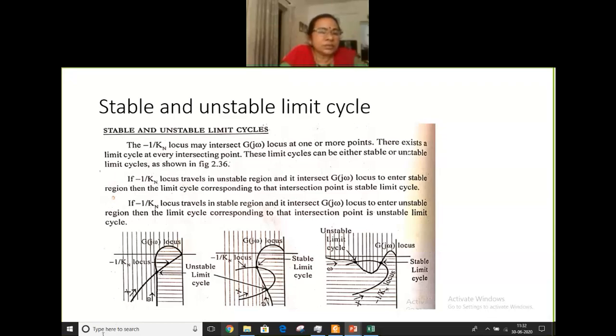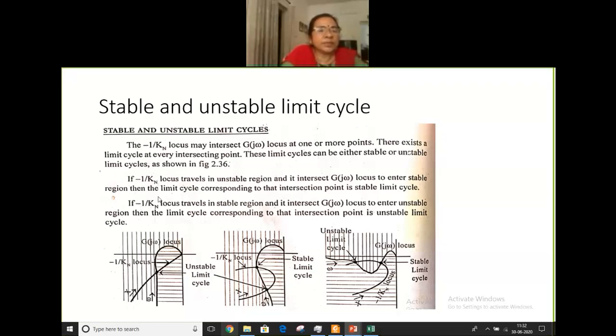Because this is a stable region, the right side of this 1 by kn path is a stable region. So this enters the stable region. This much is a stable region. So this point you can say it is an unstable limit cycle.